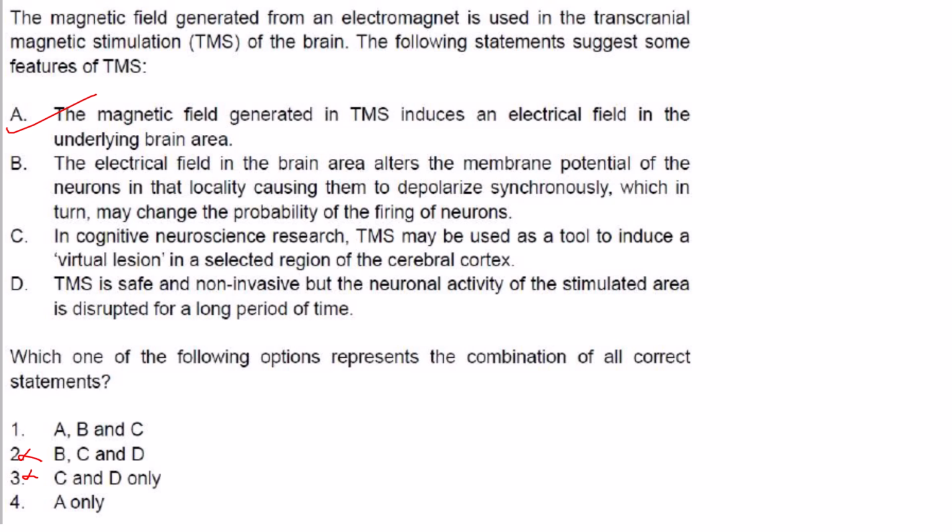That is what it means by change the probability of the firing neuron. So this TMS and this electrical field in the brain area can depolarize synchronously. It can either increase or decrease the probability of the action potential. That is what is meant by statement B. So B is also correct. That makes option 4 also wrong.